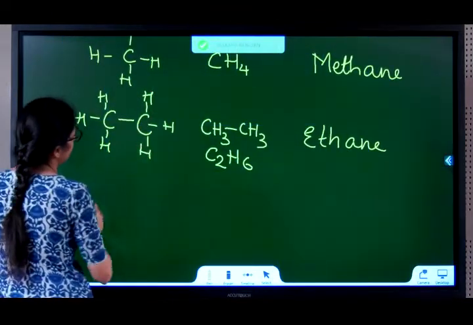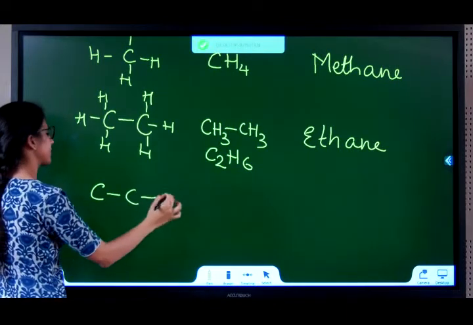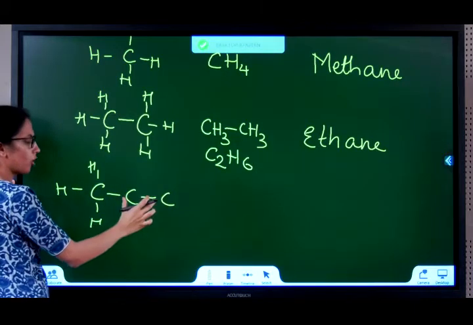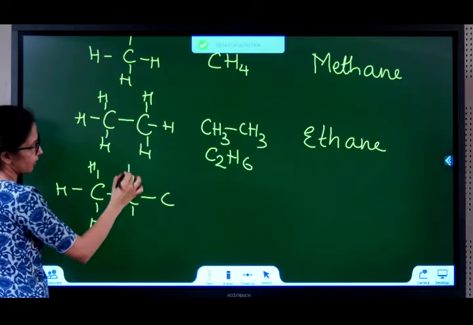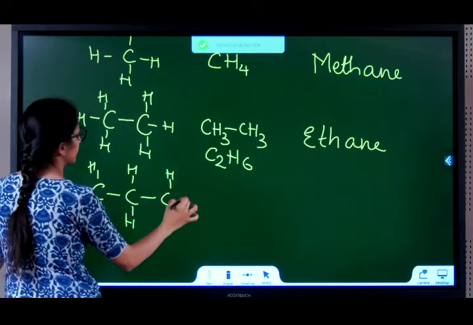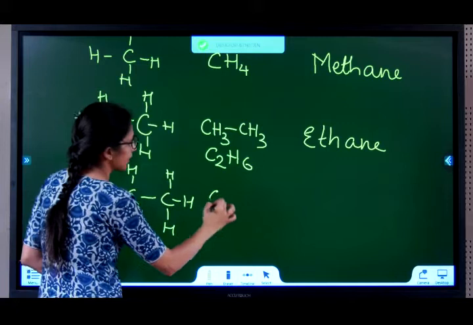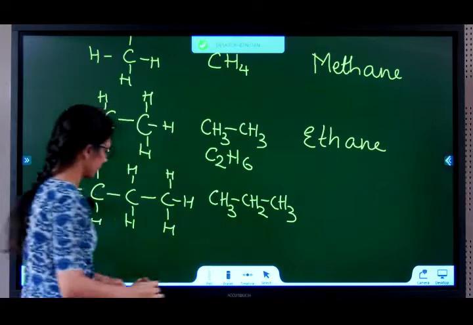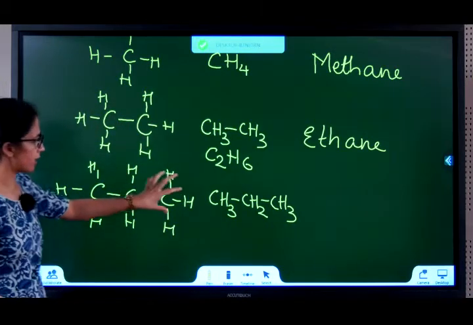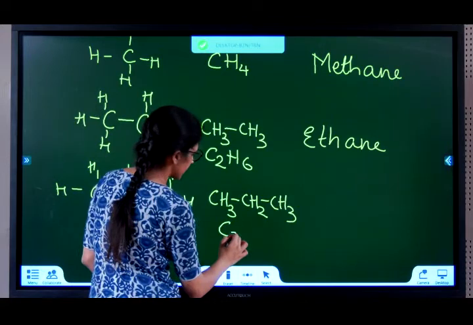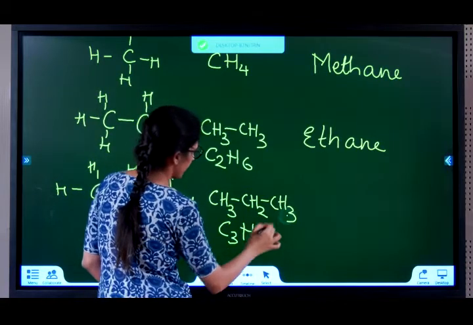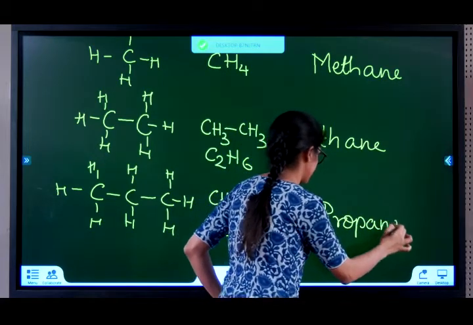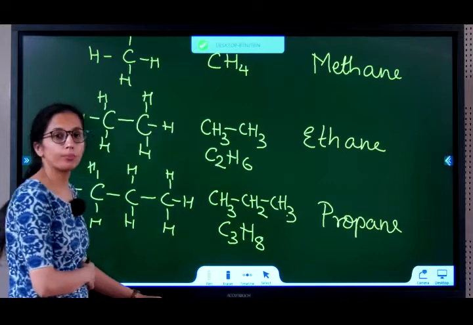Let's proceed a little. 3 carbon atoms needs 1, 2, 3 bonds, H, H, H. 2 are already linked. It has 2 more, H, H. It has 3 more. So CH3, CH2, CH3. Or in other words, C3H8, propane.